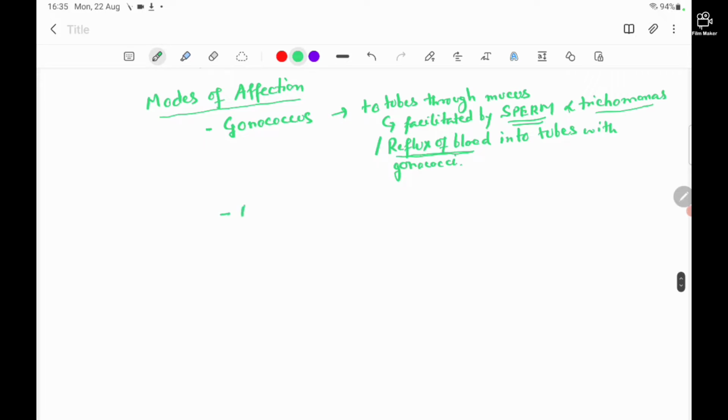Then mycoplasma, let's make it more definite, Mycoplasma hominis. This is mainly found across the parametrium.